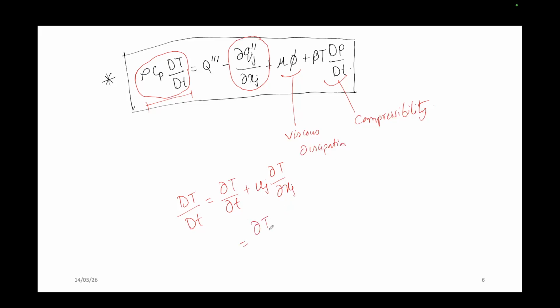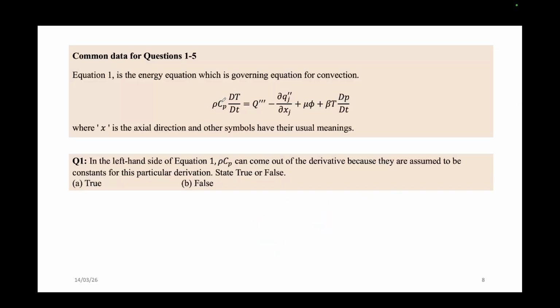That means if it is a 3D coordinate, then it should be u, plus this should be v, and so on. See, this is your total derivative term or material derivative term. So remember this thing.